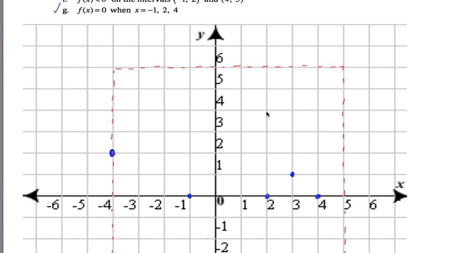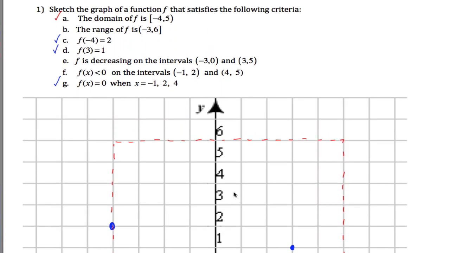So I kind of want to stay within this red outline box. And I also want to make sure that I hit the left side of the box and the top of the box, but that I have an open circle at the bottom of the box and the right side of the box. Guess that's enough on domain and range. And I think to do any more, I'm going to have to start drawing.